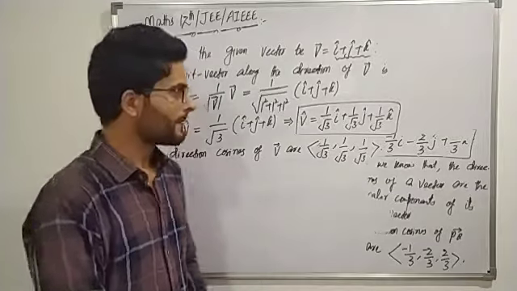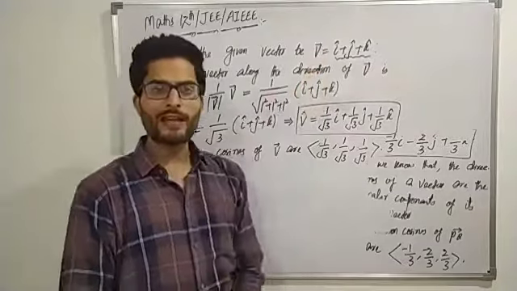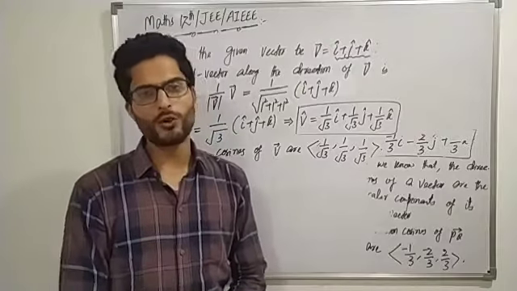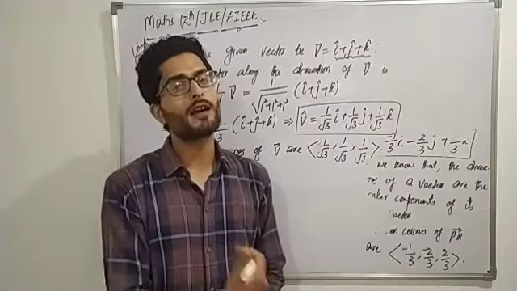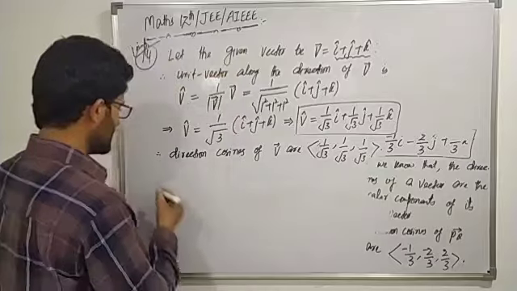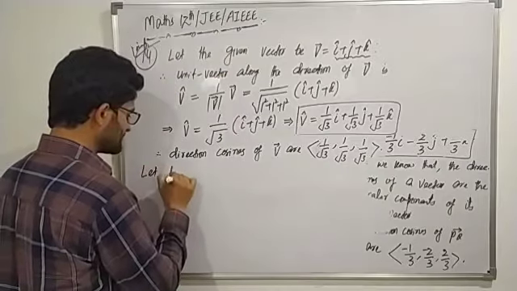अब हम लेट करेंगे, सपोज ये वेक्टर v जो है it is inclined at an angle of alpha with ox, beta with oy and gamma with oz.